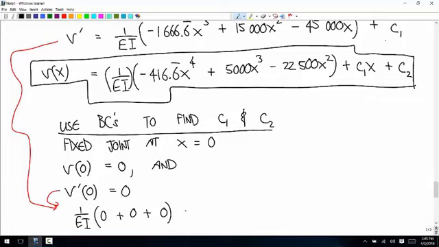And then we have plus 0 plus C1. And this is equal to 0. Okay, so we know that C1 is equal to 0.